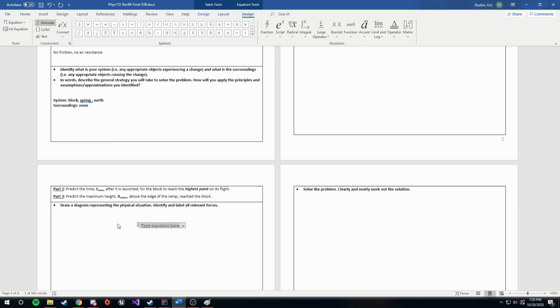X equals... let me see, go to notes. Well, now that we have velocity, we might be able to use the momentum principle somehow. Gotta find it though.